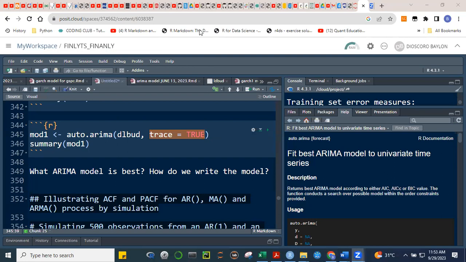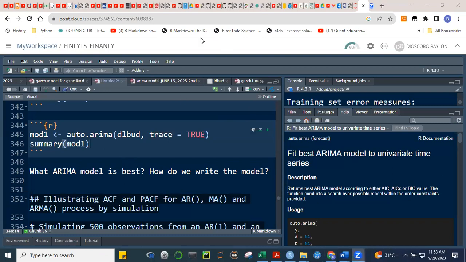Rhea, kindly share your answer to everyone, please. Okay, there were multiple models shown. All right, you're correct. Thank you, Rhea. So trace equal to true shows us the list of models that were tried, where R performed a test on those models.